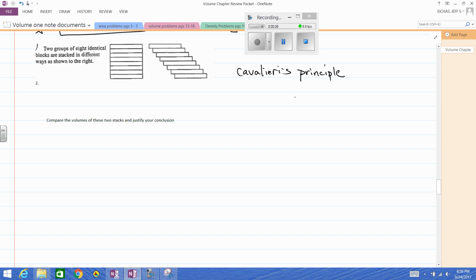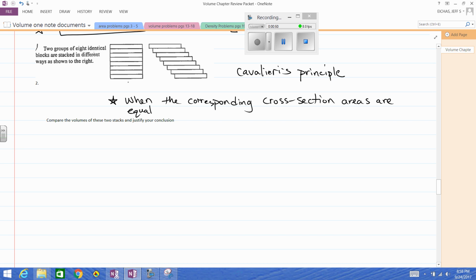Basically, what we're saying is when the corresponding cross-section areas are equal.